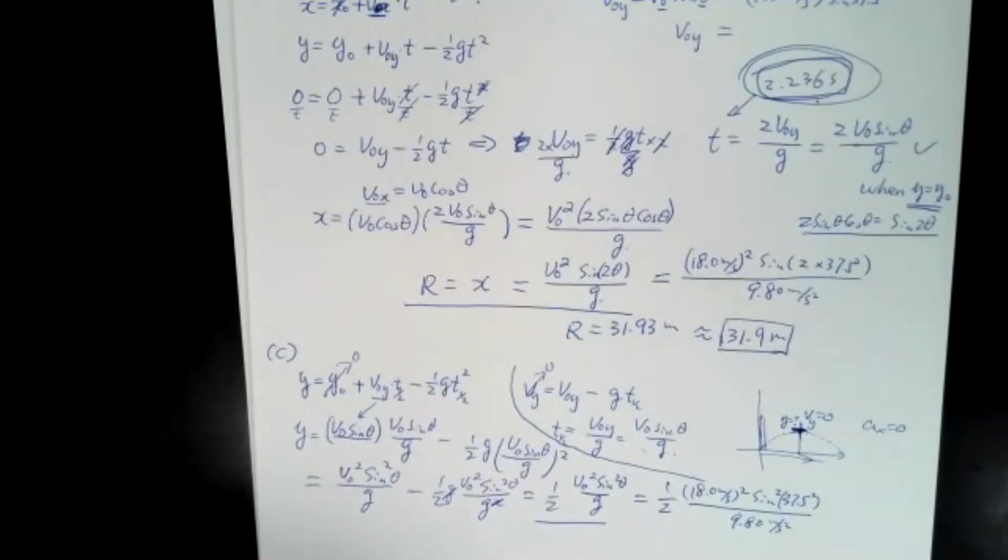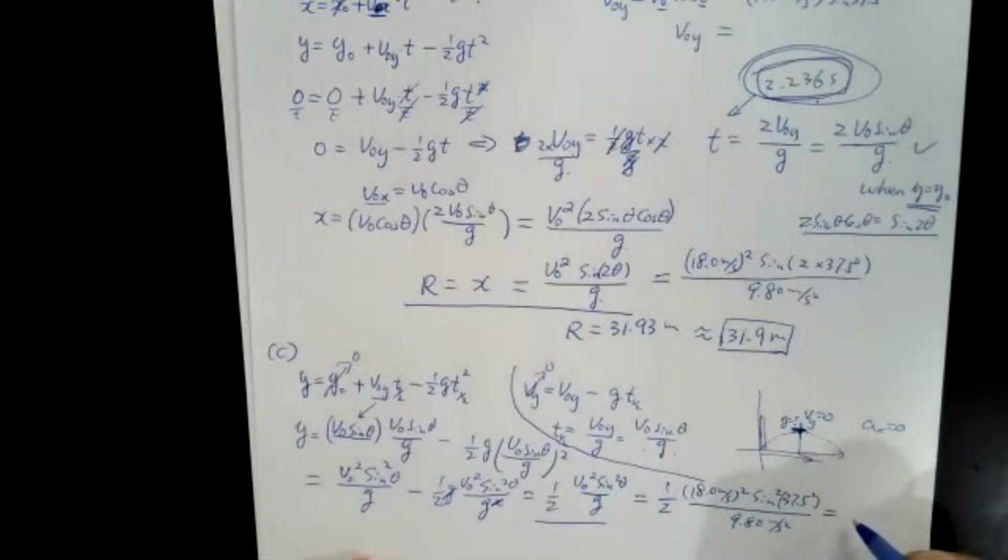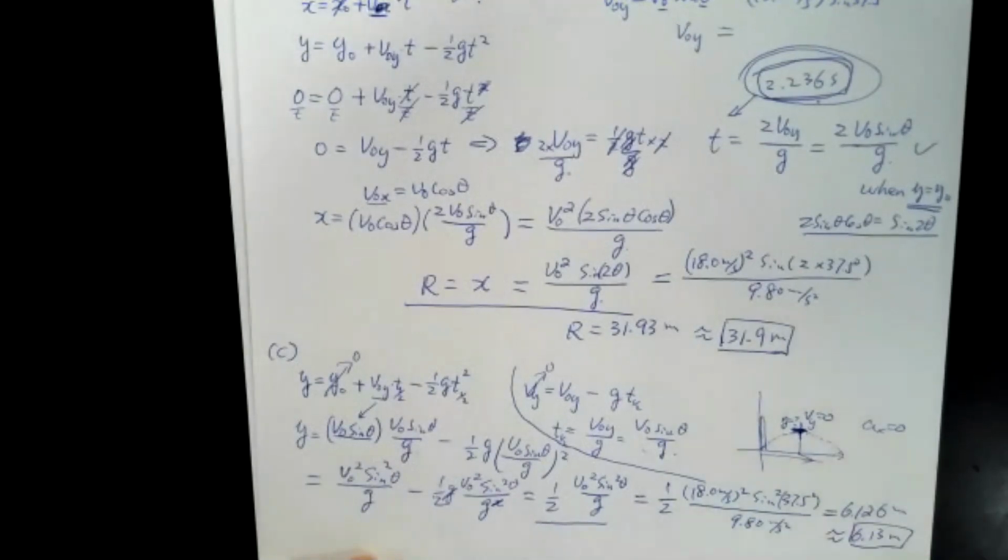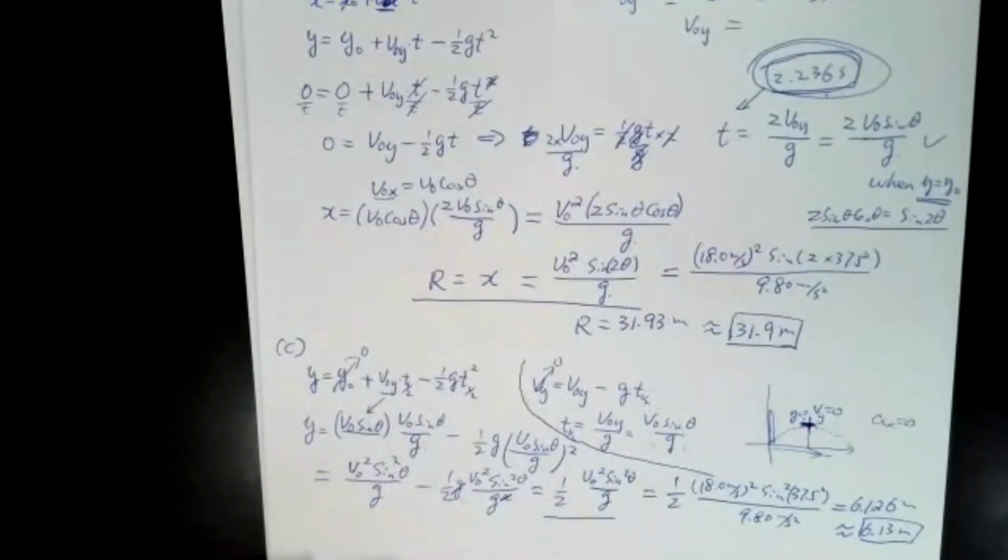But either way will work. So 1.26 meters, to keep 3 digits, 6.13. So that's how high it goes before it turns direction.